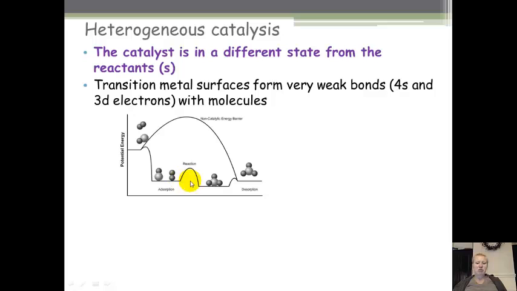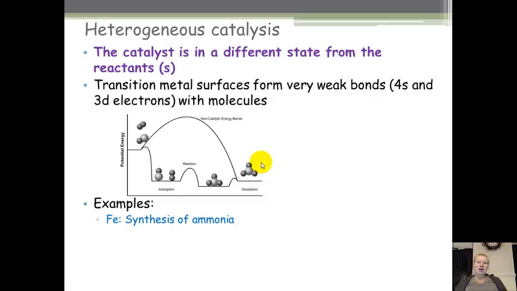However, if we put a transition metal catalyst in there, these molecules will bind very weakly to the transition metal catalyst, and that catalyst actually brings them closer together so that they are able to perform this reaction with a much lower hill to get over, much less energy, and then the catalyst can easily release the product to float away.